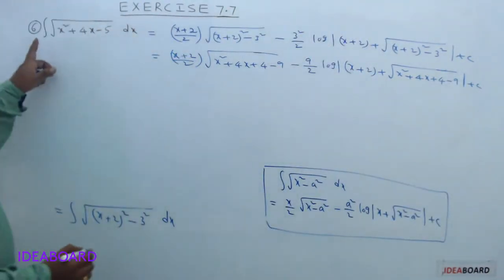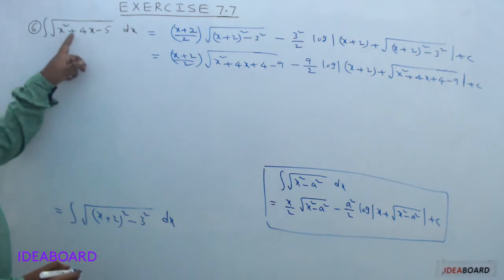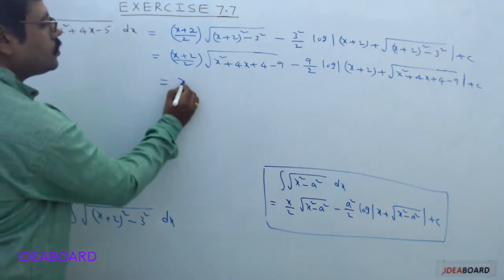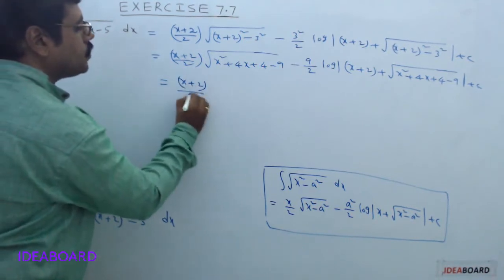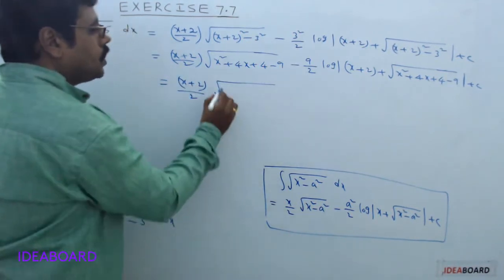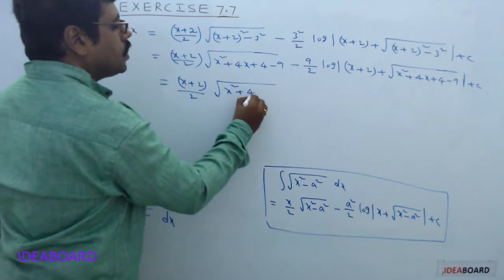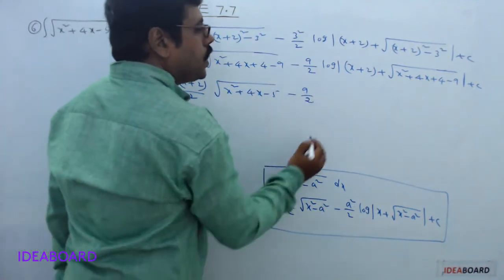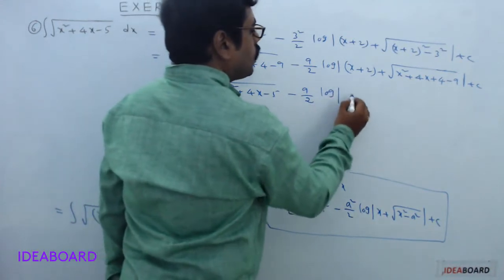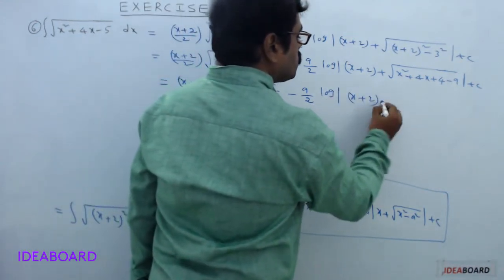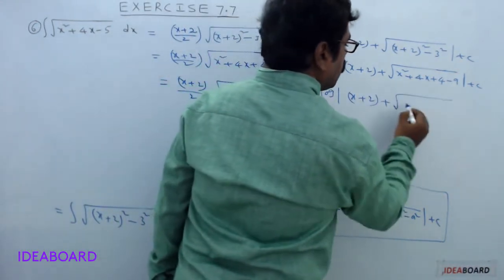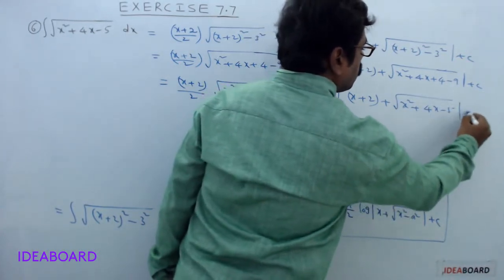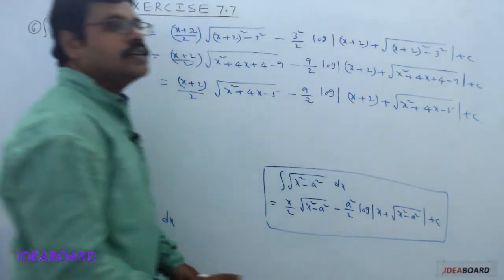So therefore integral square root of x square plus 4x minus 5 dx equal to x plus 2 divided by 2 into square root of x square plus 4x minus 5 minus 9 by 2 into log mod of x plus 2 plus square root of x square plus 4x minus 5 plus a constant c.